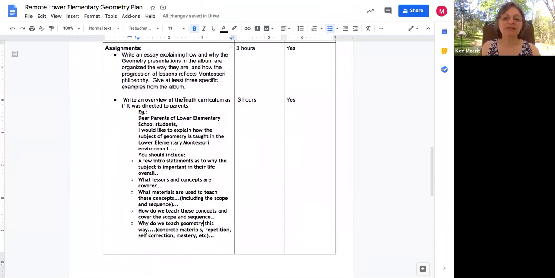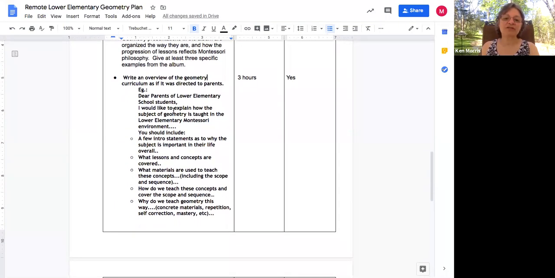Oh, I realize I need to change something here. This should read geometry. So just like in the math, I want you to write an overview of the geometry curriculum. And again, you're going to do it as if it's directed to parents. And here's the guidelines as to what you should cover in the video.